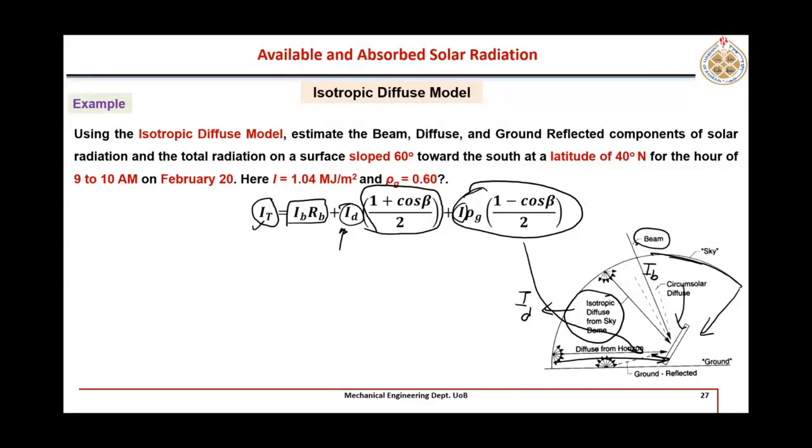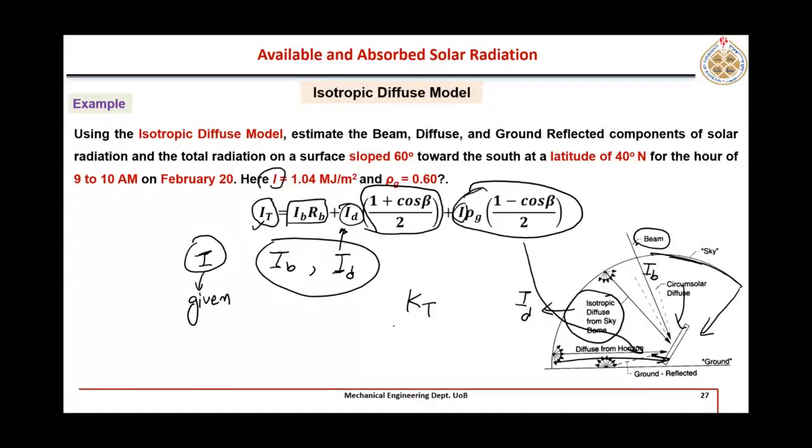So now to solve this equation, we need IB and ID from this I. This I is given. Okay. So using that concept of clearness index, KT, we can find out IB. And if you remember, KT was defined as I, which is given, divided by I naught, extraterrestrial, that is terrestrial.